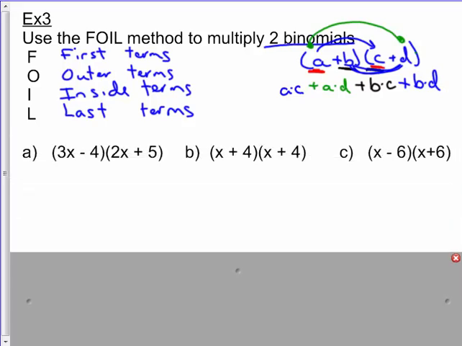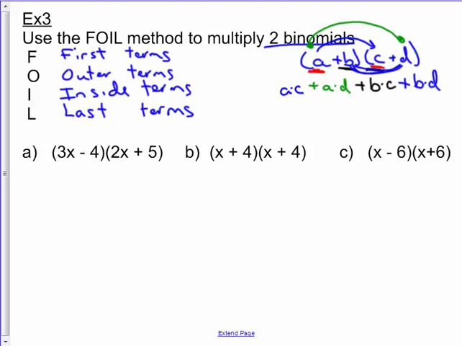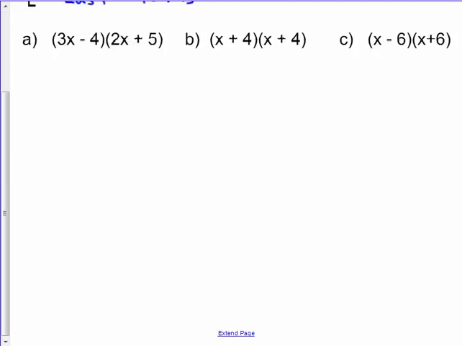So let's take a look at a couple binomials to multiply here. So the first one I'm going to think about it as foiling here. I'm going to multiply the first ones, the outer ones, the inside, and the last ones here. I could also think about it as just distribute twice. 3x times 2x, 6x squared. 3x times 5, 15x.